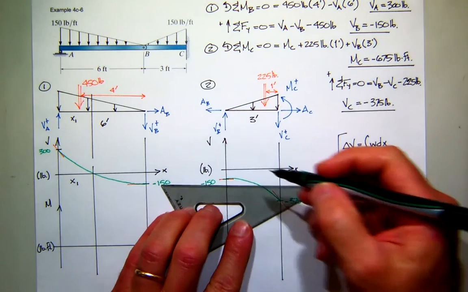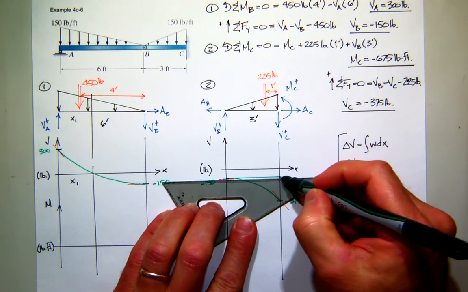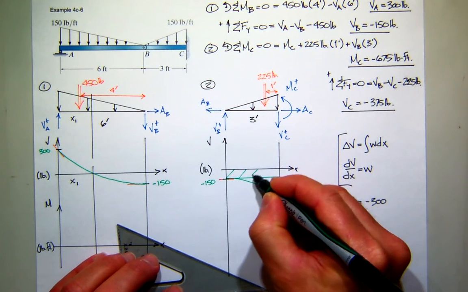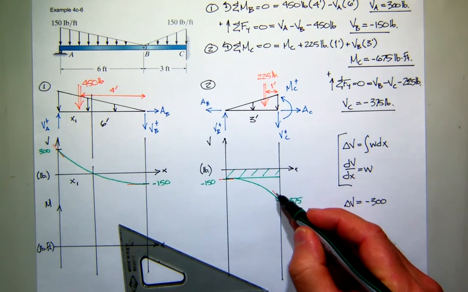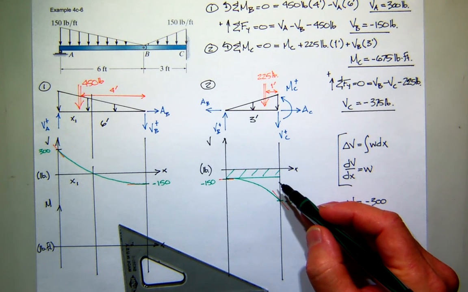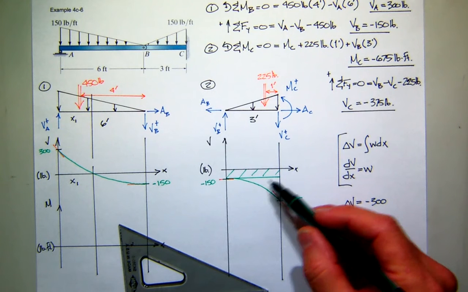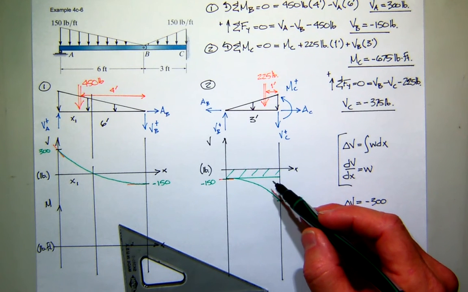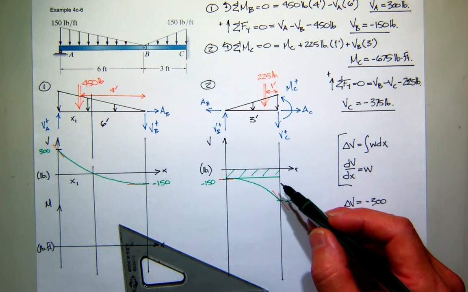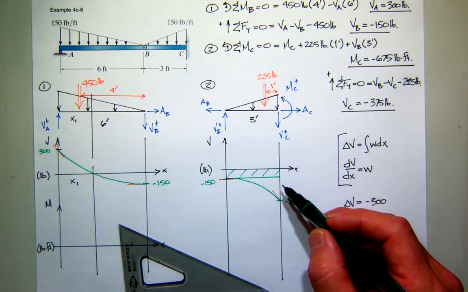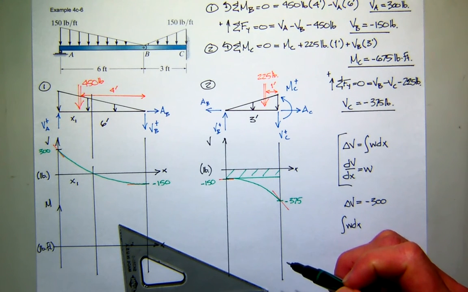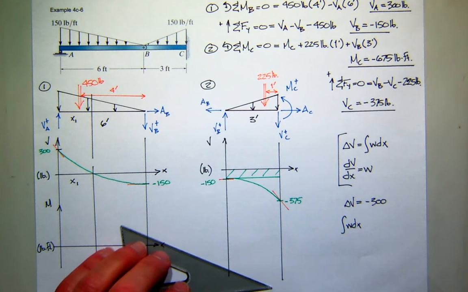If you look at it carefully, you'll see that this is a rectangular piece. And what's this? This is called a spandrel. It's the other side of a parabolic curve. So the area for this is not hard to find. It's 1/3 base times height. So I can find that one. We can draw the moment diagram for that one pretty easily. So let's do that.